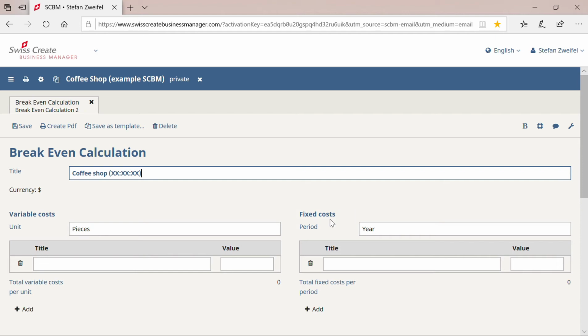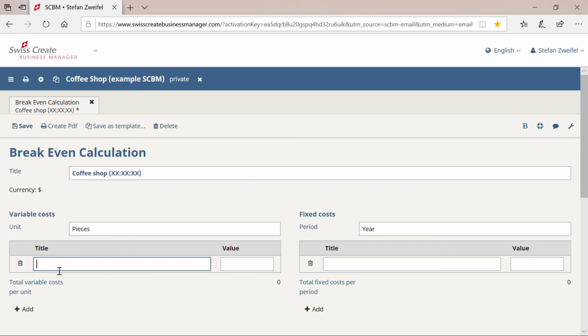A break-even calculation is done by product. So for each product, we calculate the specific break-even point, the quantity I have to produce to get into the profit zone. Let's calculate my main product, the coffee. So I start with the variable cost.